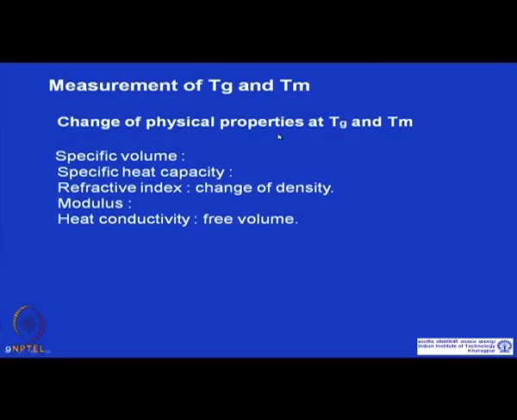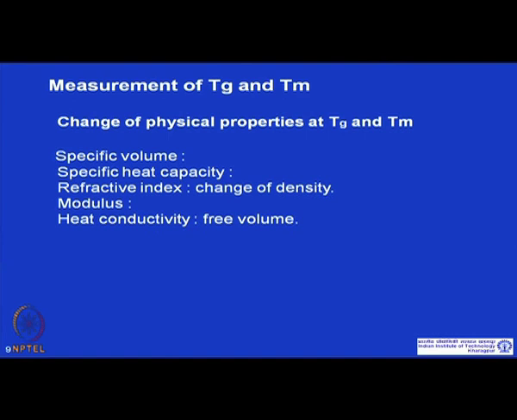We have discussed this, that there are lots of physical properties changes during the glass transition and melting. Some of them are listed here: specific volume changes, specific heat capacity, refractive index, modulus, heat conductivity. There are many others which we can list, but these are some of the examples.